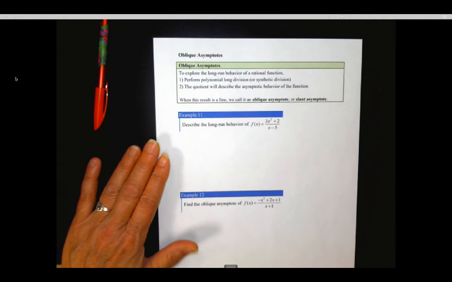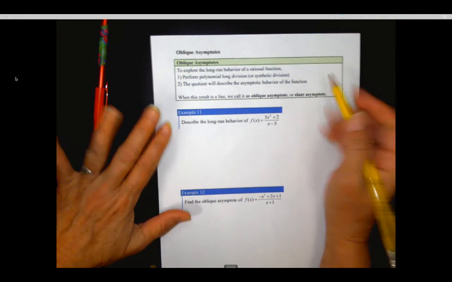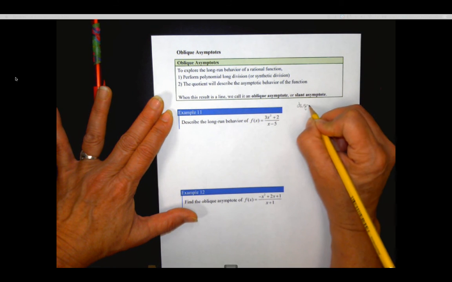And so now the last thing I want to talk about is what are called oblique or slant asymptotes. So remember, we looked at the degree of the polynomials.